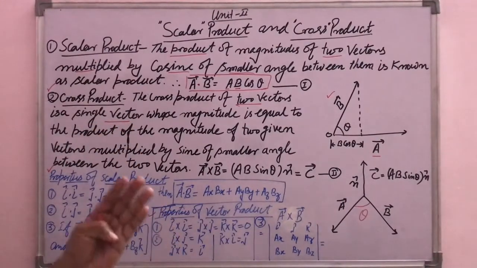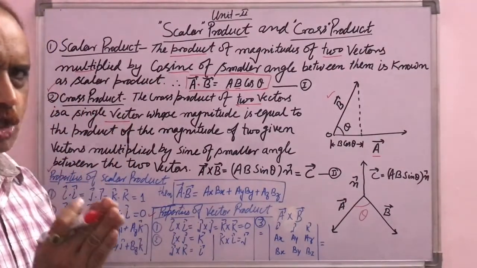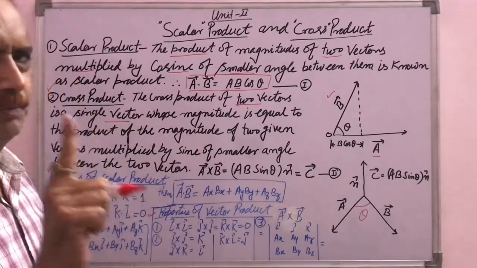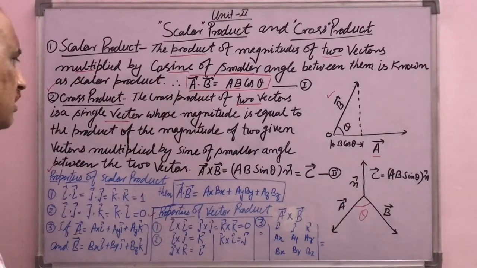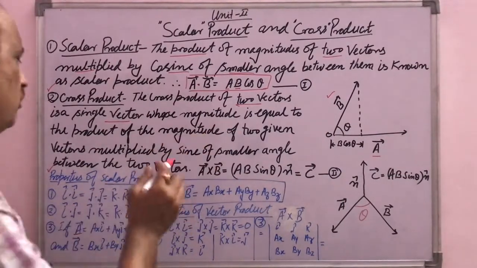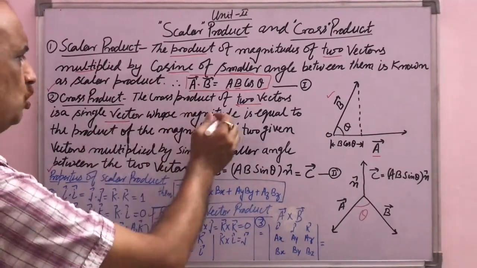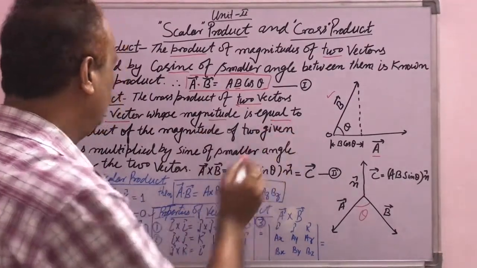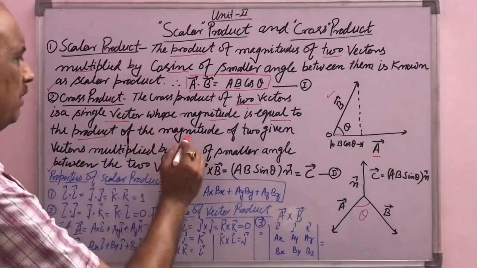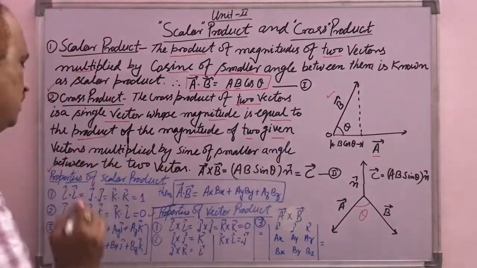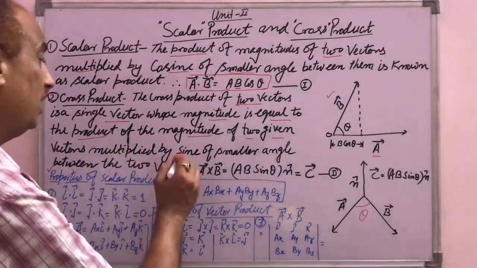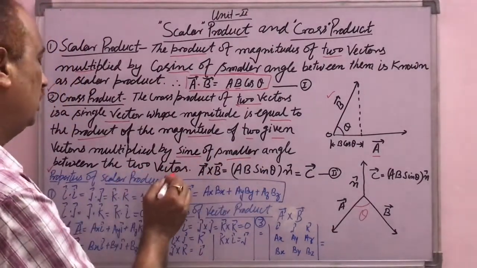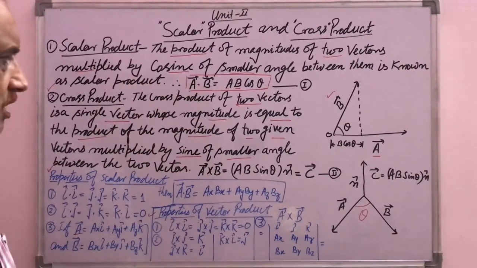When we multiply two vectors under the cross product, the answer will be one vector, whose magnitude is equal to the product of the magnitudes of the two given vectors multiplied by the sine of the smaller angle between the two vectors. So this is the definition.